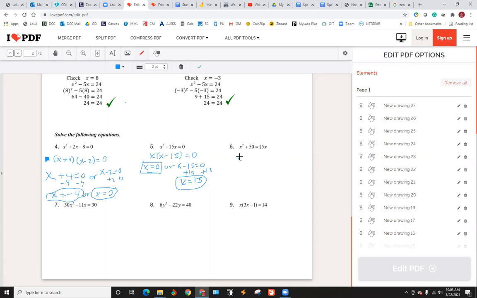All right, remember, you got to have everything on the left-hand side. So minus 15x plus 50.